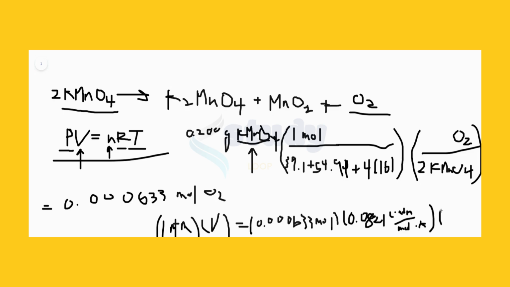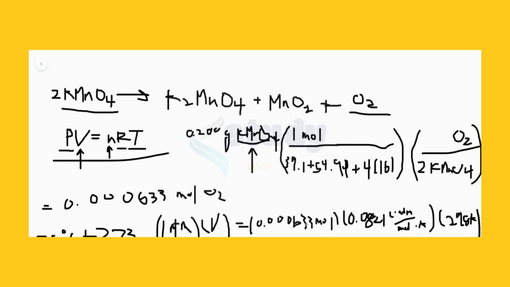And then they give us a temperature which is 25 degrees Celsius. And you have to note that in the ideal gas law, the temperature is in Kelvin. To convert any temperature from Celsius to Kelvin, you must add 273. And in this case, that is 298 Kelvin.